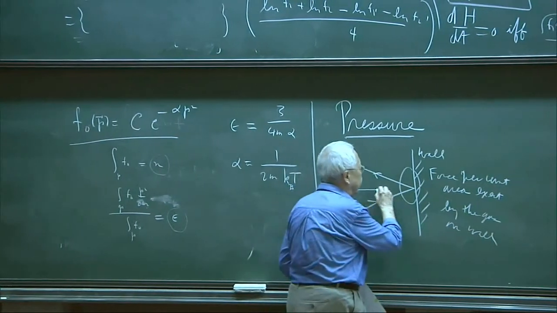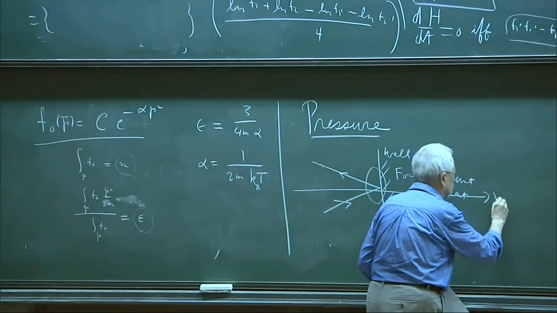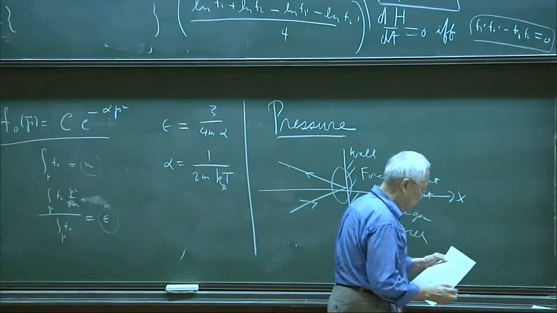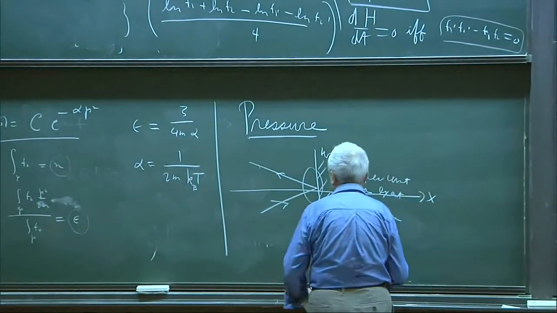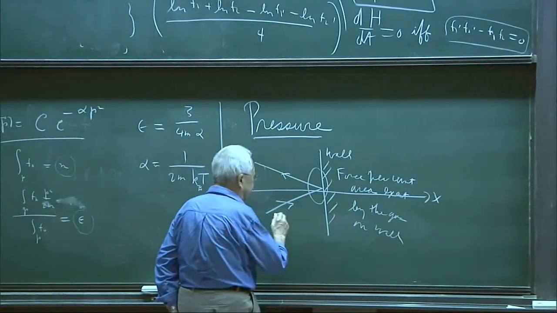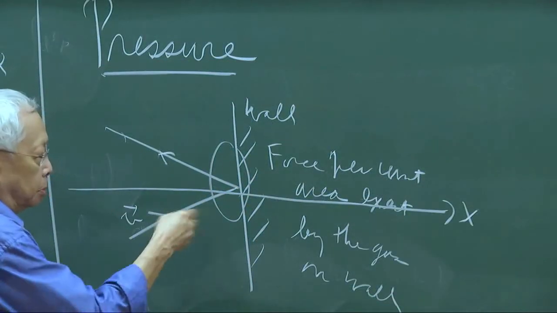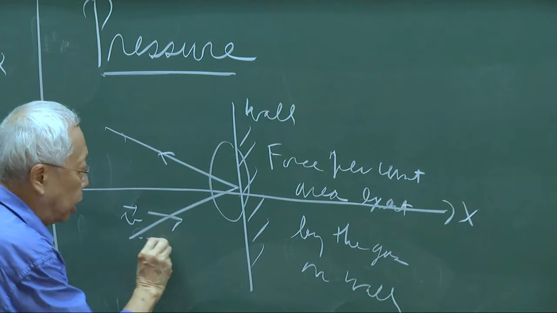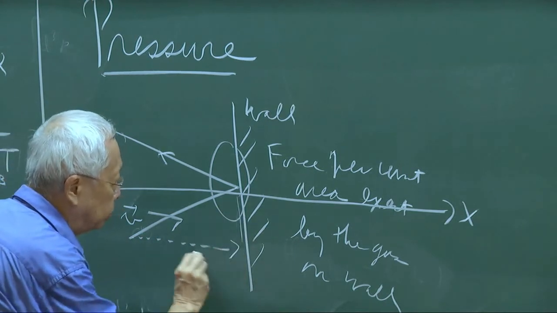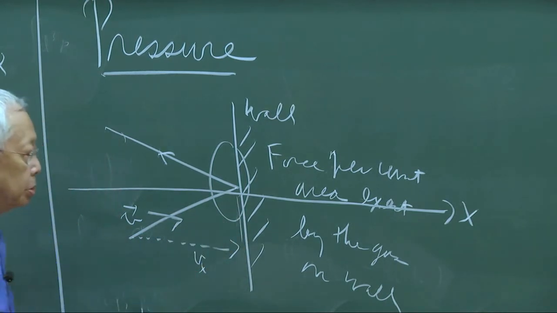Let us call this the x-axis. Then all that matters is the x component of velocity, which is proportional to the momentum, right? All that matters is the x component, Vx, this projection.